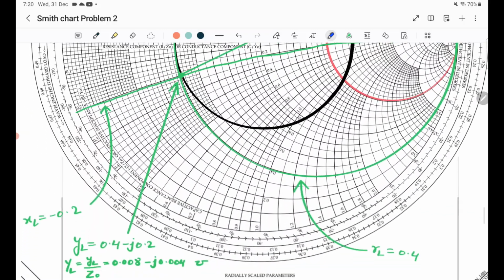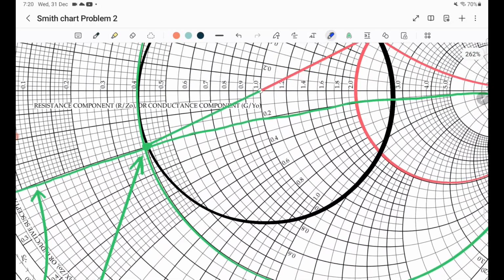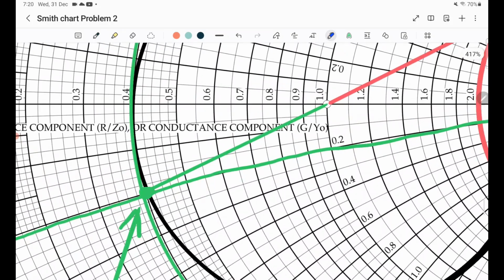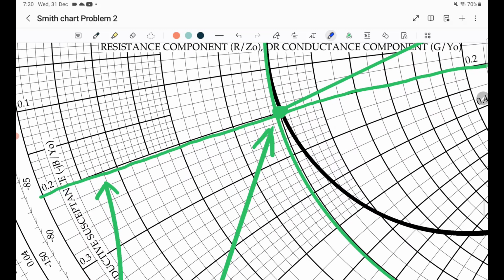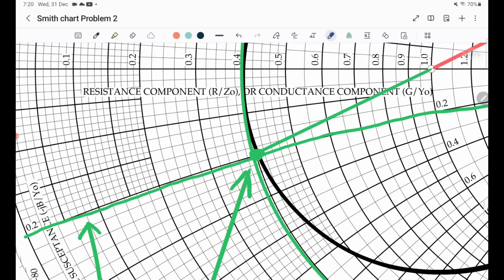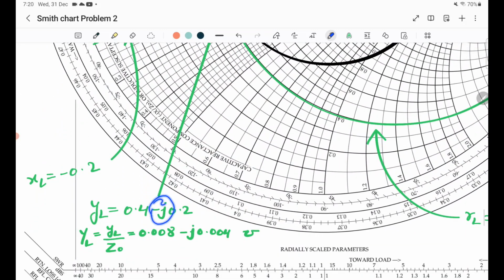So this point is your normalized load admittance YL, which is 0.4 minus j0.2. You can find it by zooming in. You will find that the value of resistance is 0.4 and the value of the reactance curve is 0.2. Since this is in the lower half of the Smith chart, we use minus j.